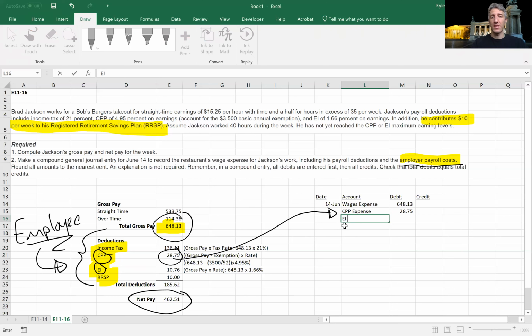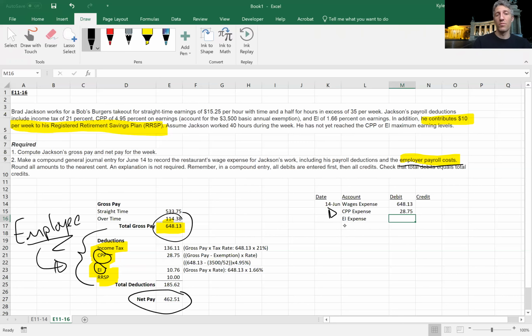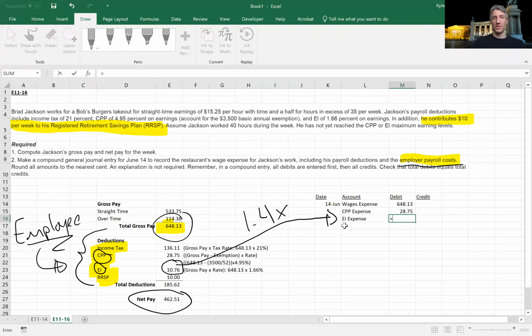Similarly, there's going to be an EI expense for the employer. EI is cost shared at a rate of 1.4 times what the employee contributes. The employee contributes $10.76, and the employer contributes 1.4 times that. So $10.76 multiplied by 1.4 is $15.06.